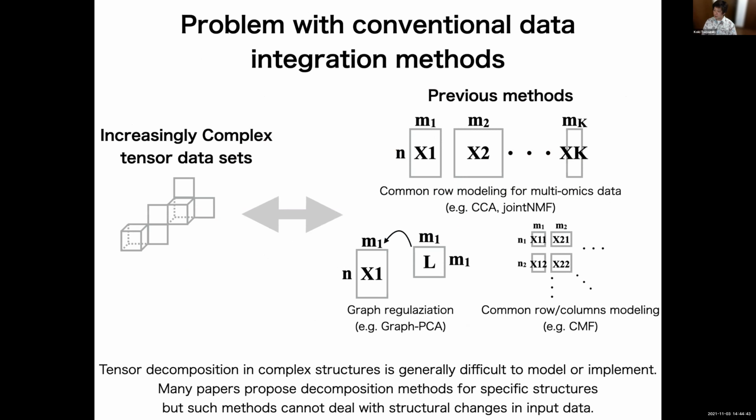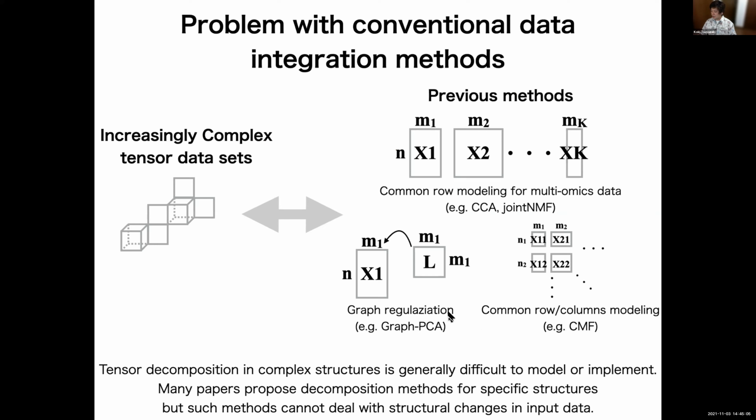Tensor decomposition in complex structures is generally difficult to model or implement. Many papers propose decomposition methods for specific tensor structures like this, but such methods cannot deal with structure changes in input data.